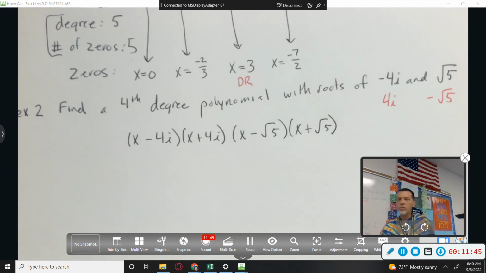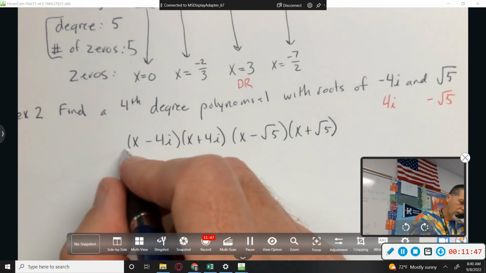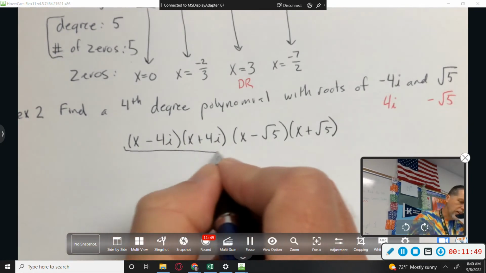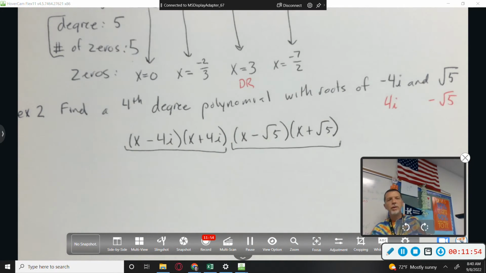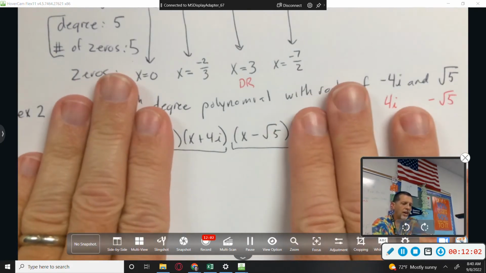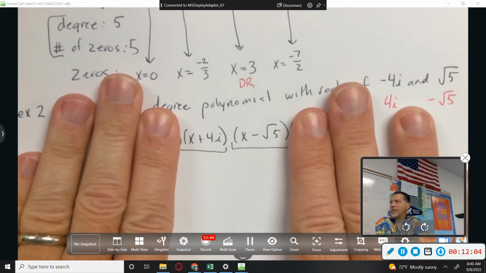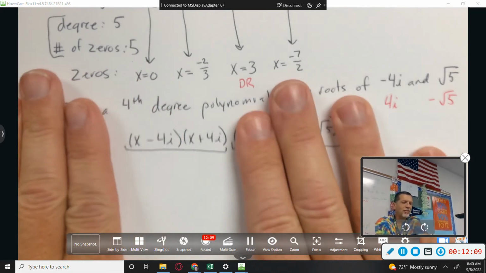But I really want you to multiply it all out. That's the algebra part of this. The order you multiply them out doesn't really matter in terms of your final answer, but it very much matters in terms of how difficult this problem is going to be. Like if you want to multiply x plus 4i and x minus root 5, you certainly may, but it would be a lot easier if you paired them off.